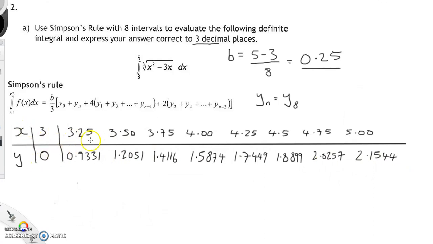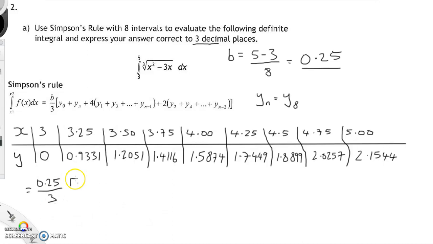So we can draw little dividers here, which might help to keep things a little bit tidy. And then we're going to use these values according to this formula here. We have h over 3, which will be easy to calculate. So the first part of our answer is going to be 0.25 over 3.